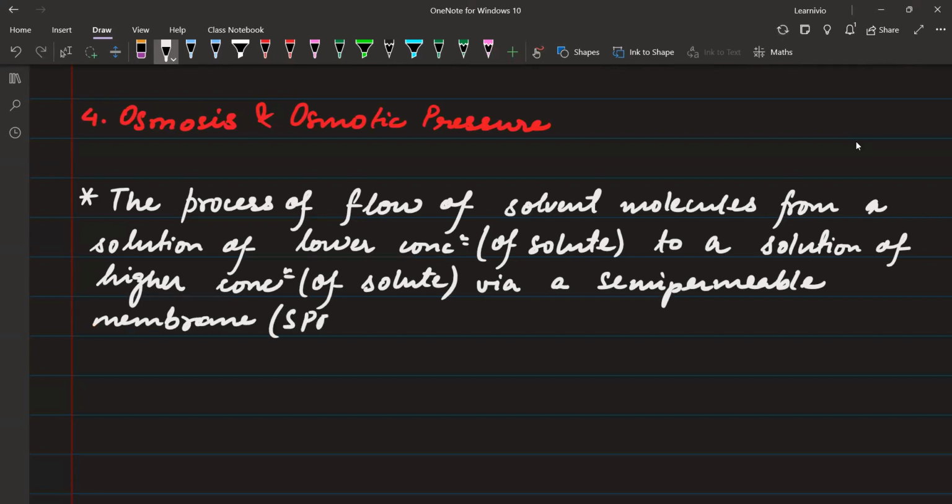So क्या बोलते हैं, SPM बोलेंगे, ठीक है ना? It's called osmosis.